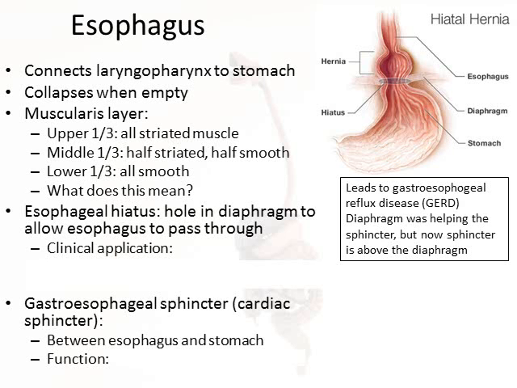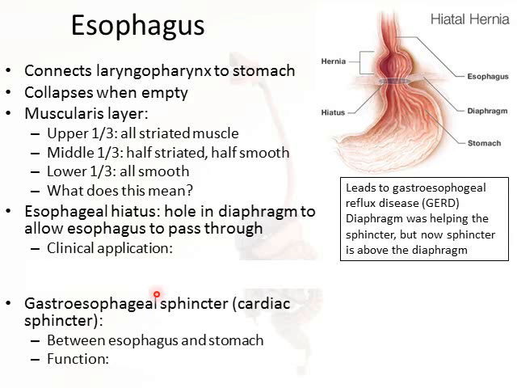Now, moving out of the oral cavity into the esophagus. The esophagus is really what's connecting the laryngopharynx to the stomach, after we move past the lowest level of the pharynx. It can completely collapse when it's empty, which is kind of interesting. It's a very muscular tube, and it has 3 different sections.